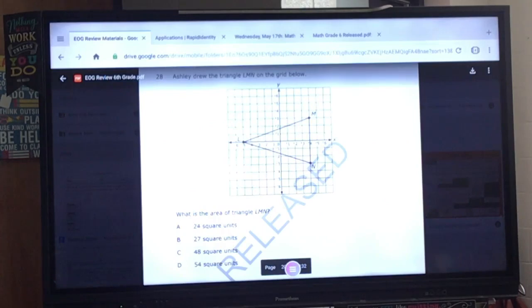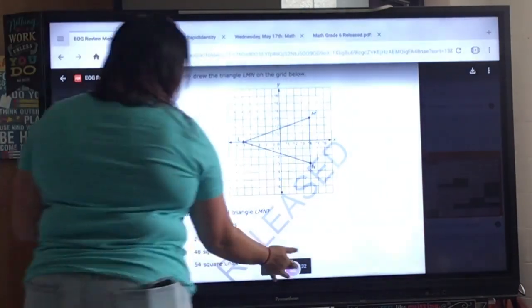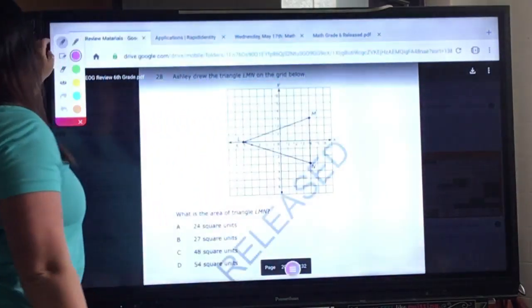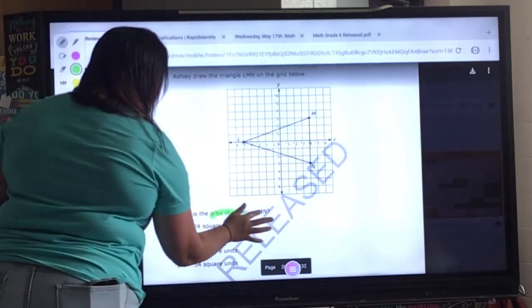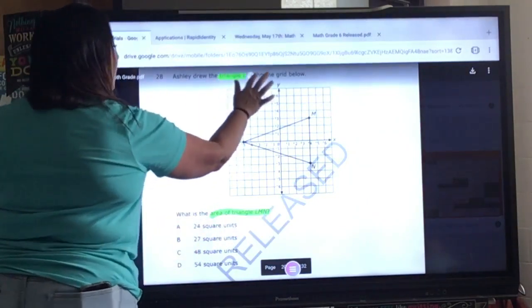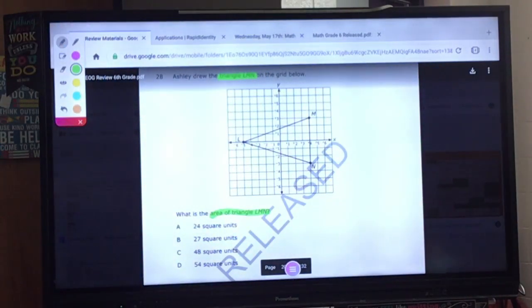What is the area of triangle LMN? So what is important in our question? Okay, so what is the area of the triangle LMN? And knowing that it's a triangle, right? That's important.